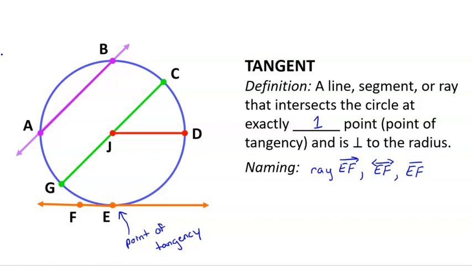It's very hard to draw that in real life, but we can see that this is only intersecting at point E. And for reference here, that means that when I draw my radius down to that point of tangency, this needs to be a right angle.